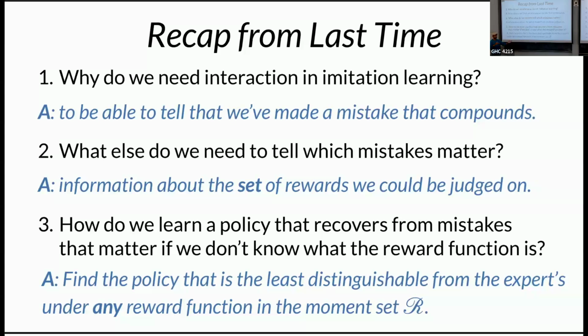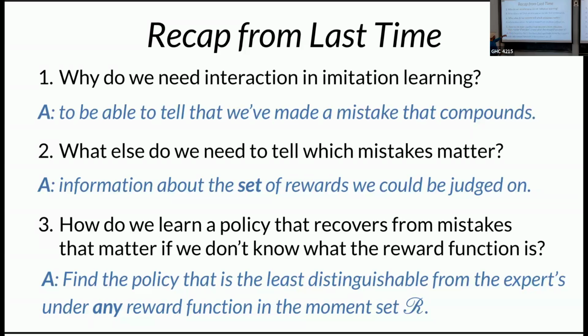You won't be able to tell the difference between these two things. And that's where we introduced a set of reward functions, moments, things like this. So we need some information about the set of possible reward functions we could be judged under. This is a much weaker requirement than actually knowing the precise reward function we're going to be judged under. And it is often a reasonable thing to ask for in certain kinds of problems.